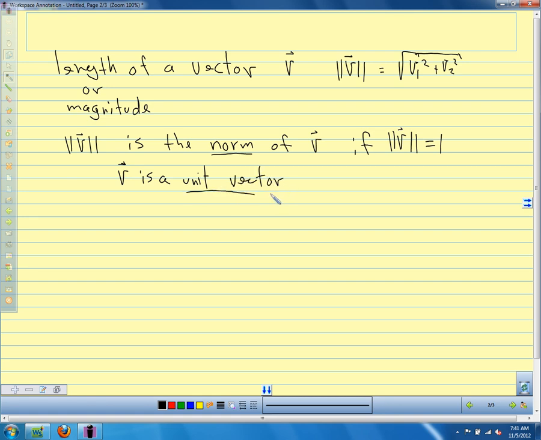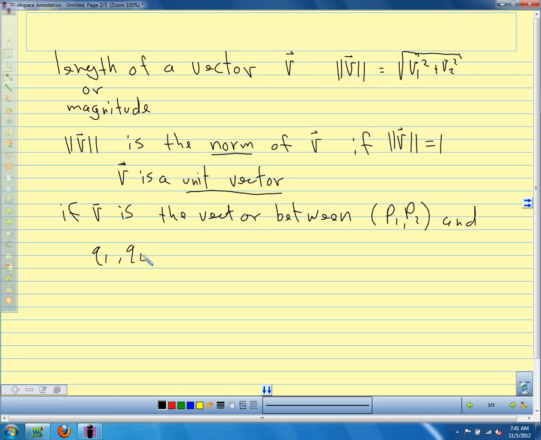So a unit vector just means a vector with length or magnitude 1. And if our vector is a vector between 2 points, how would we represent the length or the magnitude in that case?